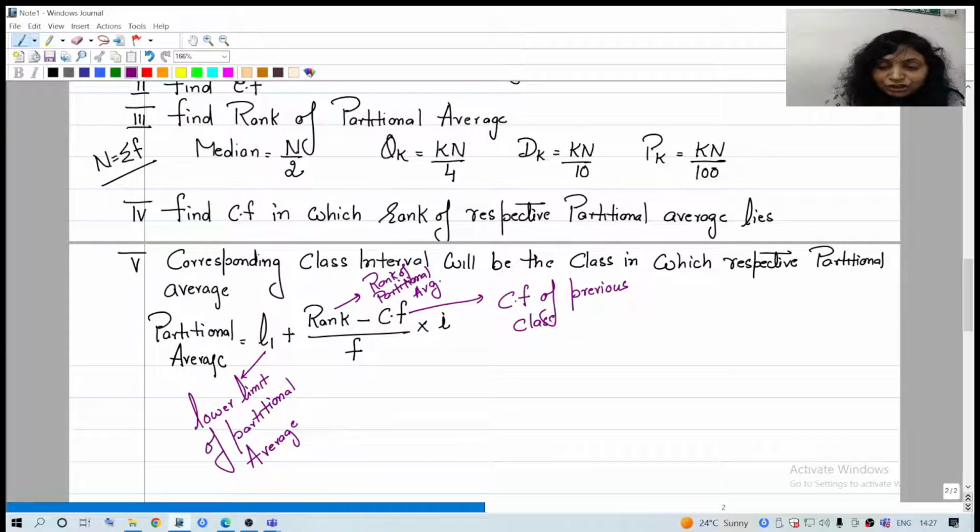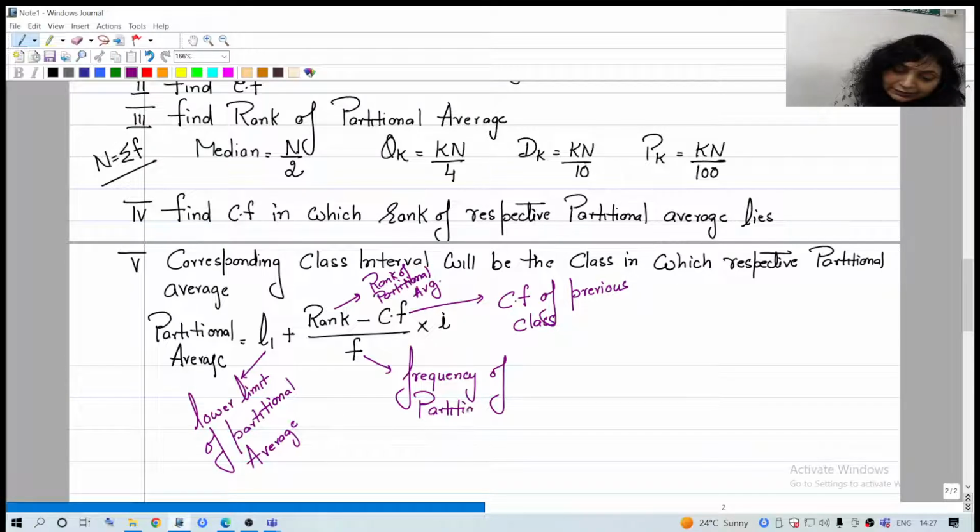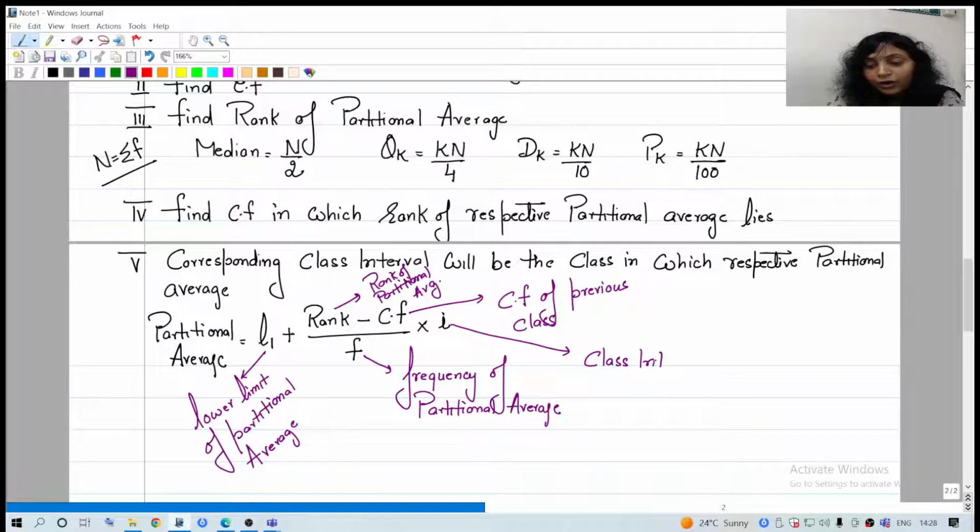Means the class in which your partitional average lies, the previous class, the CF of the previous class, that is the cumulative frequency which you have to mention here. And F is the frequency of the partitional average class. The class in which your partitional average lies, the frequency of that class is F. And I is the class interval of the partitional average class.